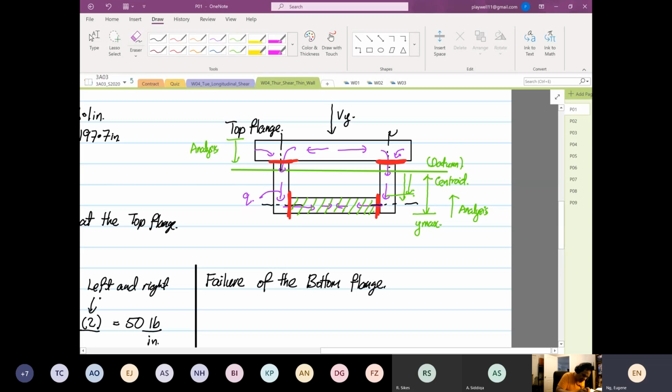Your y starts from maximum, then it keeps reducing. At this point it has completed the area of the bottom flange. But the web has not completed covering the area yet.